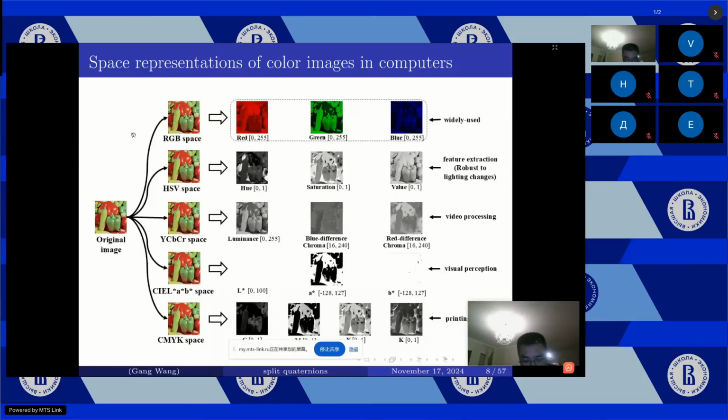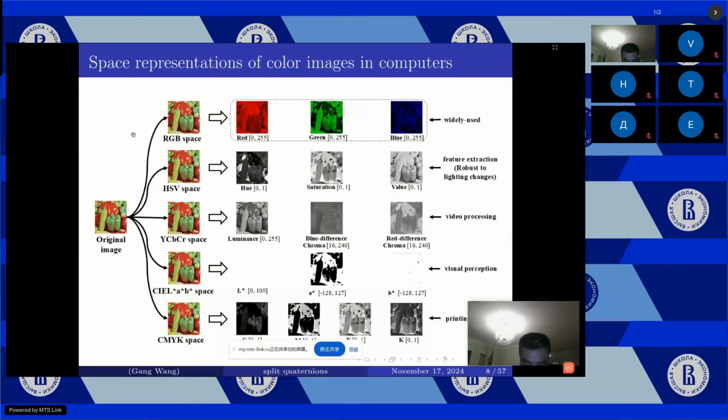This simplicity allows for easy understanding and adjustment of color values, making it a popular choice in various applications. The intensity of each channel is stored as a numerical value, typically ranging from 0 to 255 for 8-bit images, which conveys the color information.